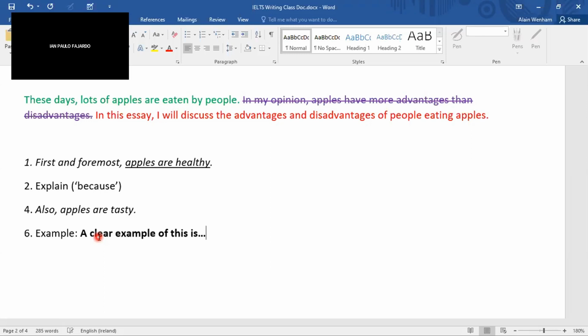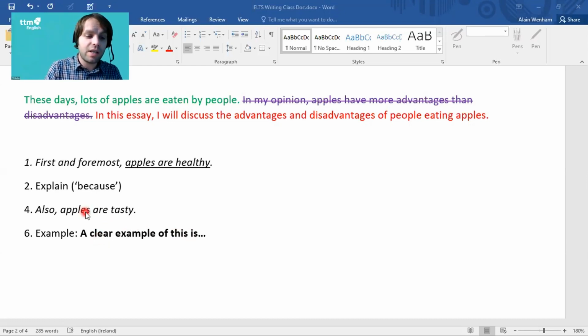Yes, sir. First and foremost, apples are healthy because it is rich in vitamins and minerals. Also, apples are tasty. For example, those that are freshly harvested give off an even sweeter taste compared to those apples that are overripe.